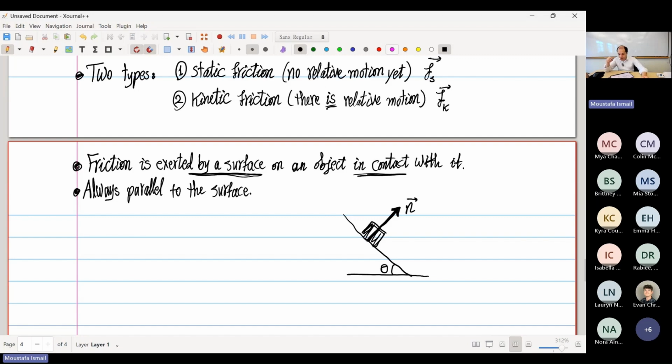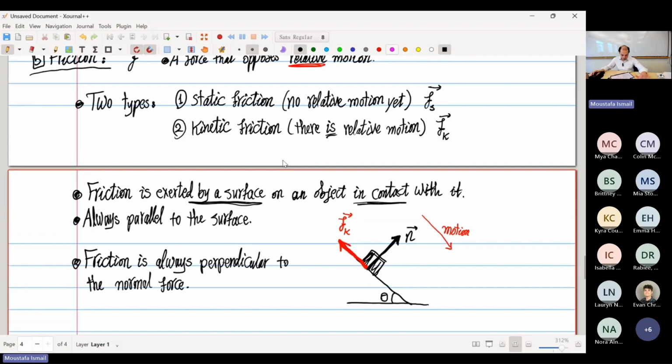But let's say the object was moving down. So relative motion is down with respect to the surface. Then friction would be going this way. And if there was motion, then this is kinetic friction. It is parallel to the surface. And it's always perpendicular to the normal force.